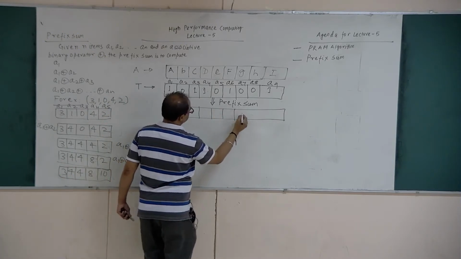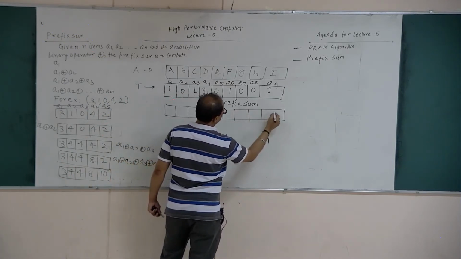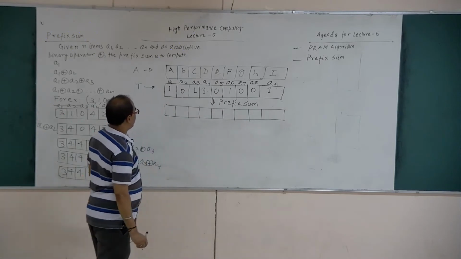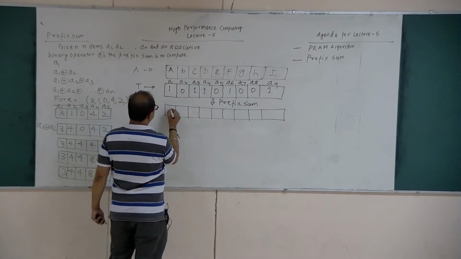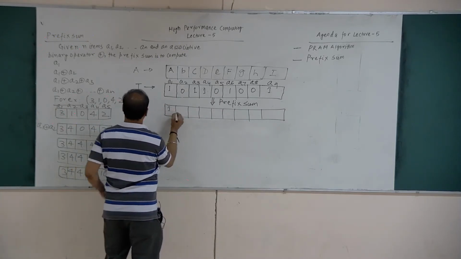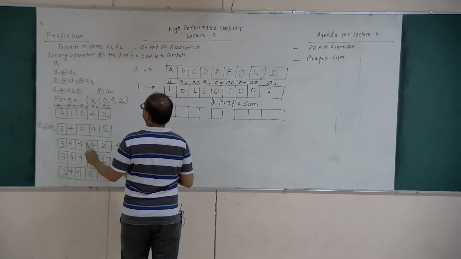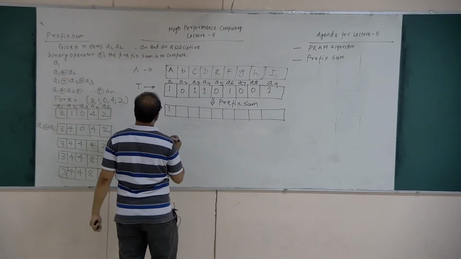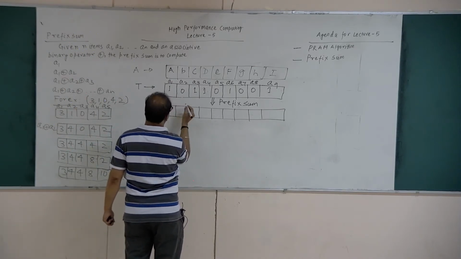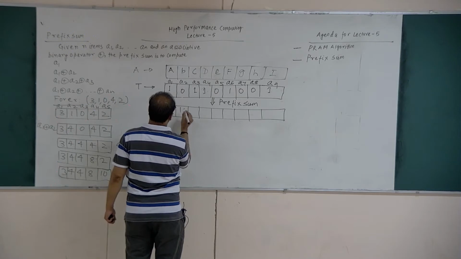So for example, this is how the prefix sum will be calculated. 1 will be taken as it is, because it is A1. Then in the second step A1 is added with A2, so 1 is added with 0, so it will be 1.